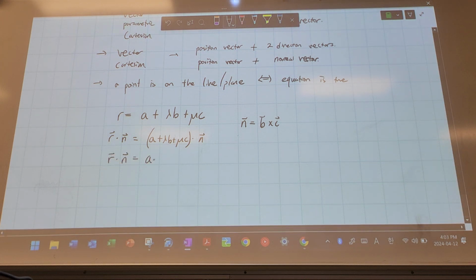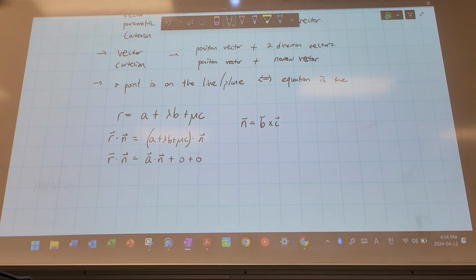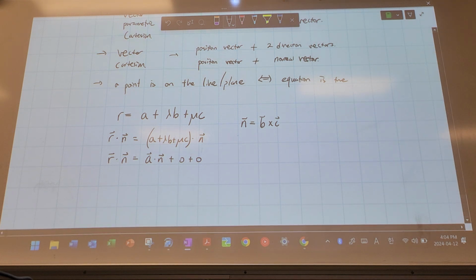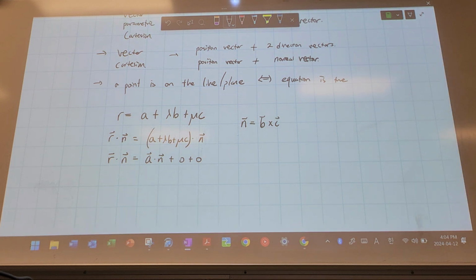Basically, you have a dot n plus 0 plus 0. Why is it zero? Because for perpendicular vectors, cosine theta is cosine of pi over 2, which is 0.